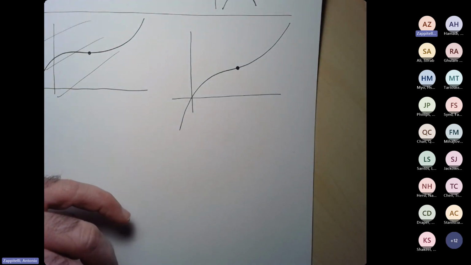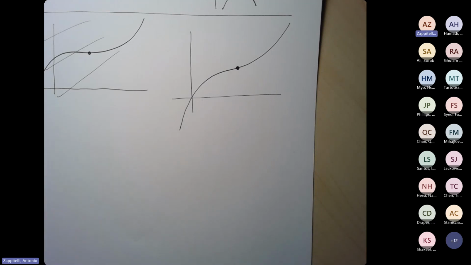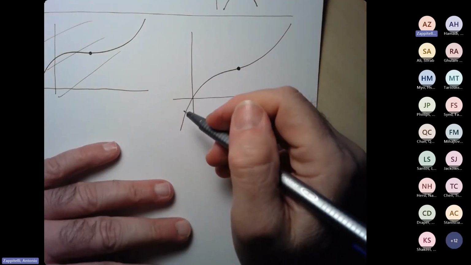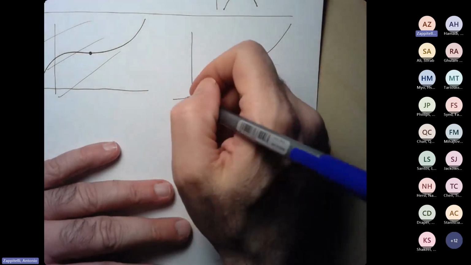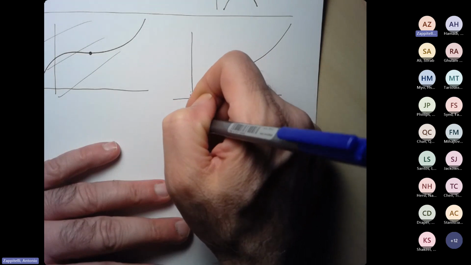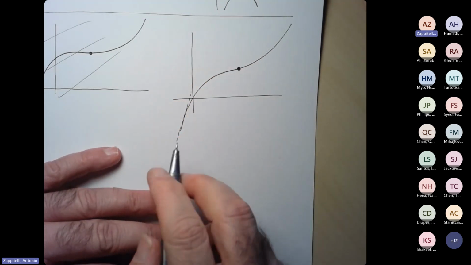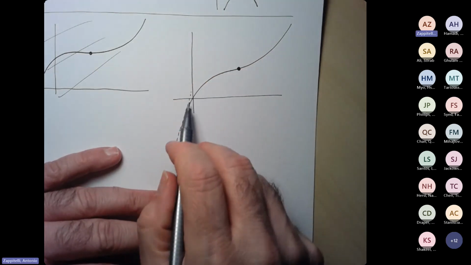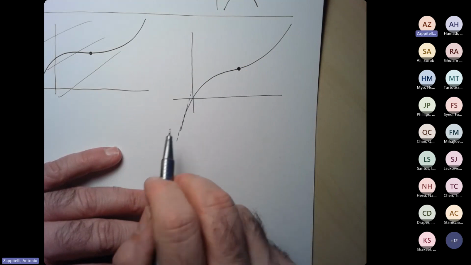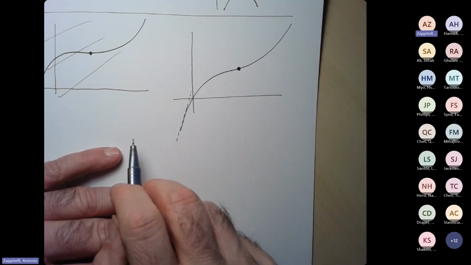So it's not about the sign of the derivative, but this is where I want you to tell me what happens to these derivatives as I move from left to right. So what can you tell me about the slope of the tangent? What kind of slope is this going to be if I start on the left here?